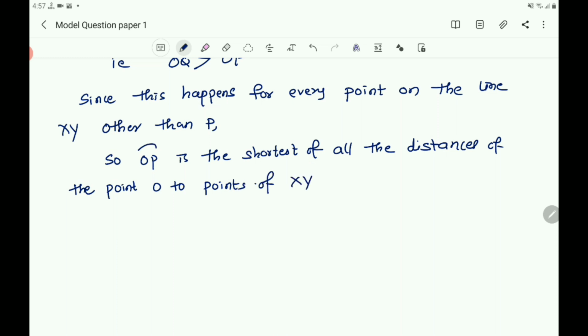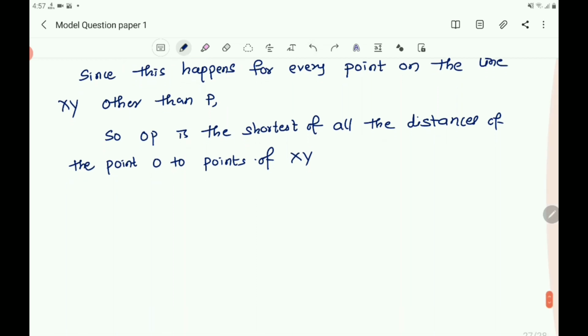Here OP is the shortest of all the distances of the point O to the points of XY.